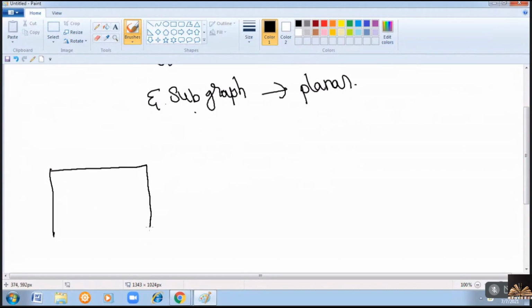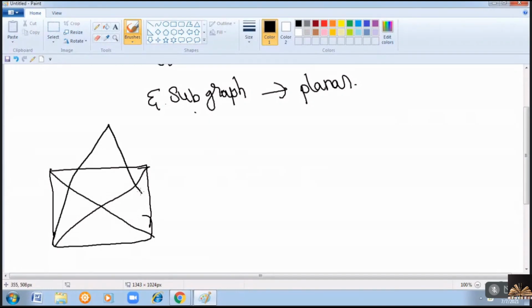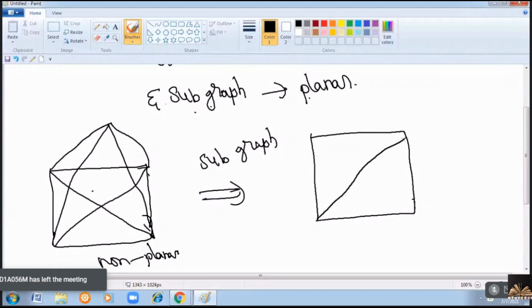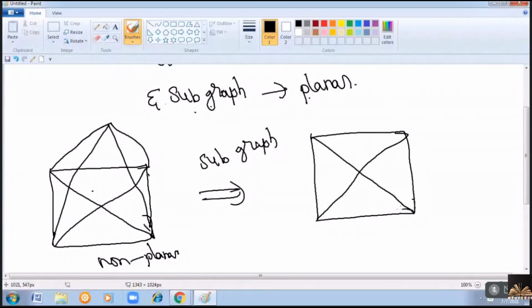With this, we have concluded that this graph, whatever I am drawing now, is a non-planar graph, right? Just now we have seen that it is a non-planar graph, right? If a graph is non-planar and if its subgraph is planar, so try to draw the subgraph. A graph will have more than one subgraph. Let me draw one subgraph. Right? So this is one subgraph, right?